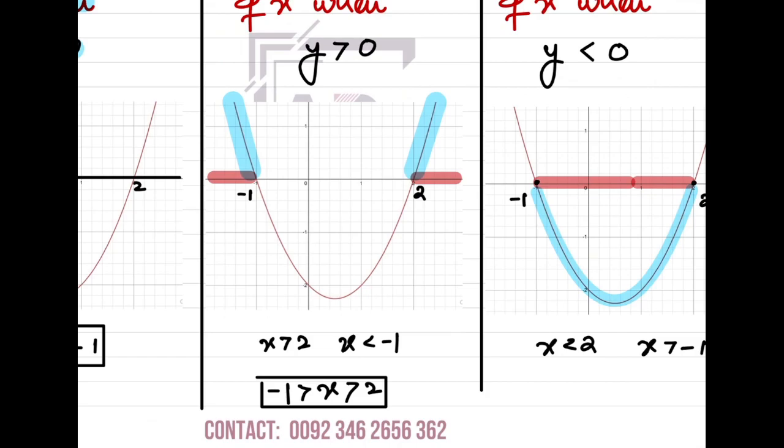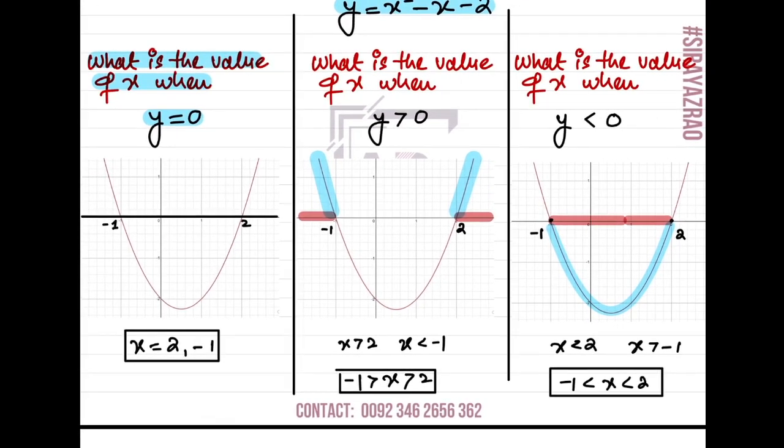So we can say x is less than 2 and x is greater than minus 1. At these values, y is less than 0.